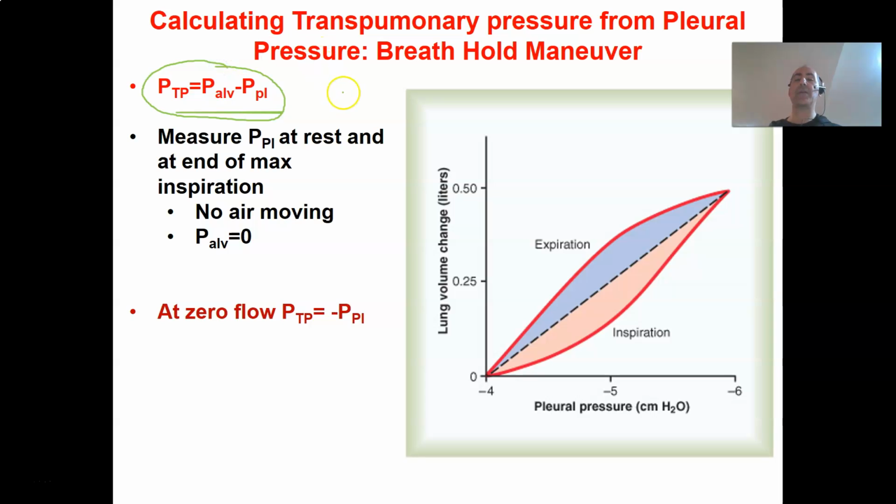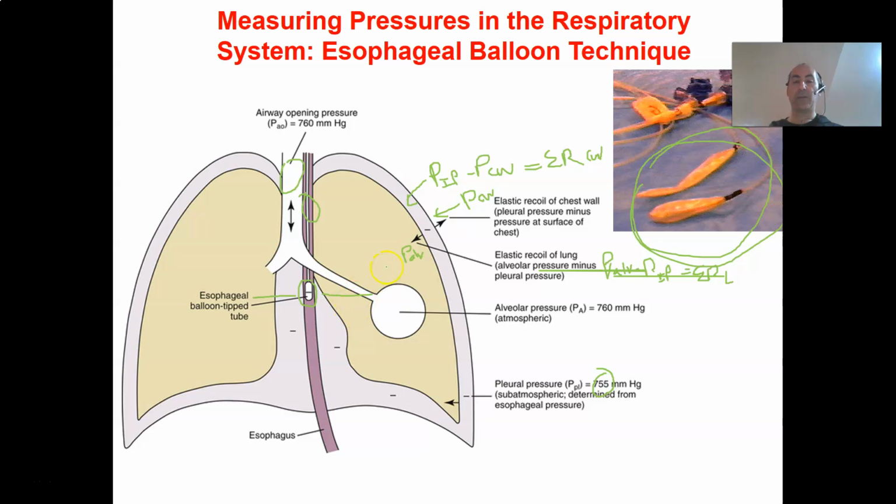So transpulmonary pressure is alveolar pressure minus pleural pressure. So the transpulmonary pressure equals P alveolar minus P intrapleural.